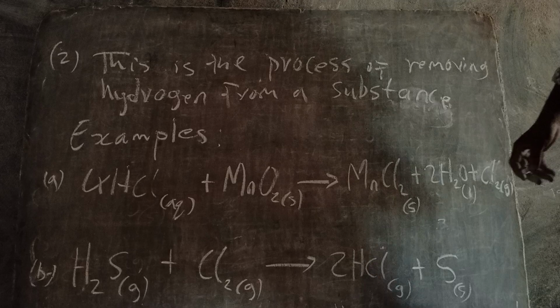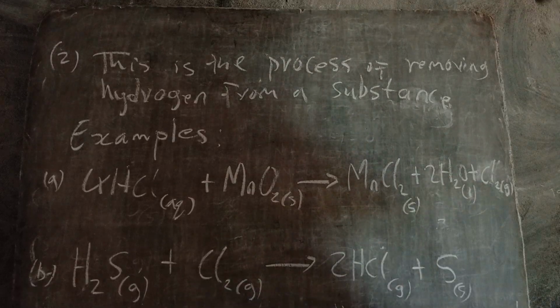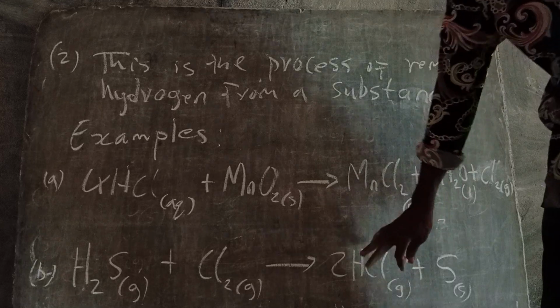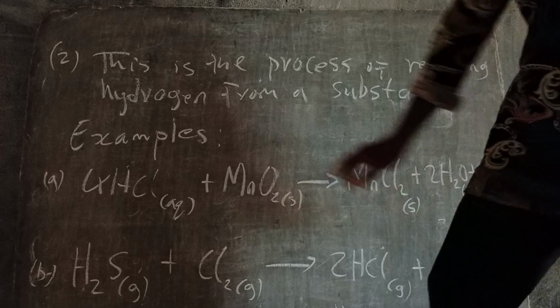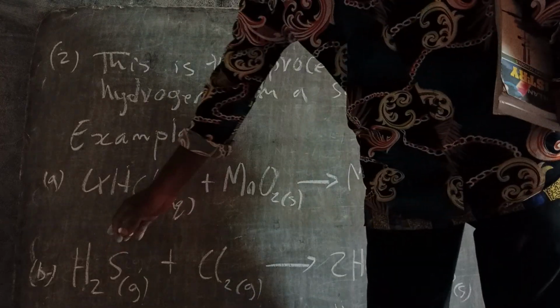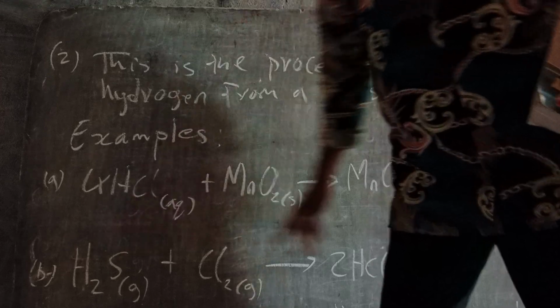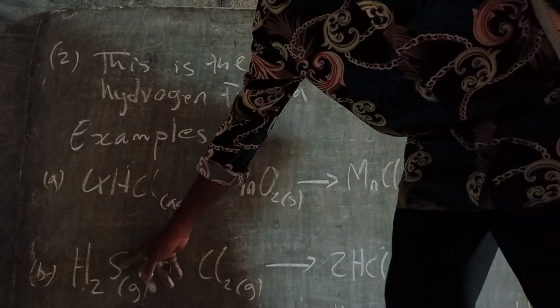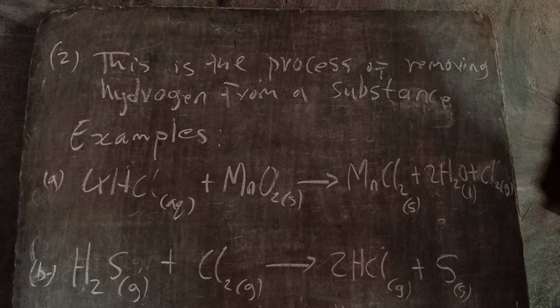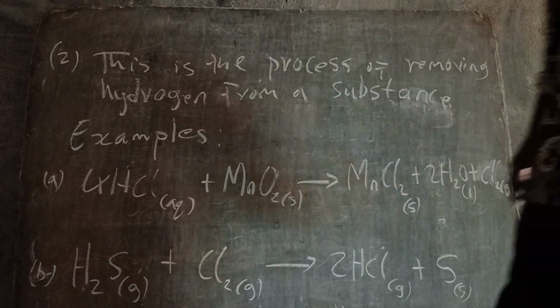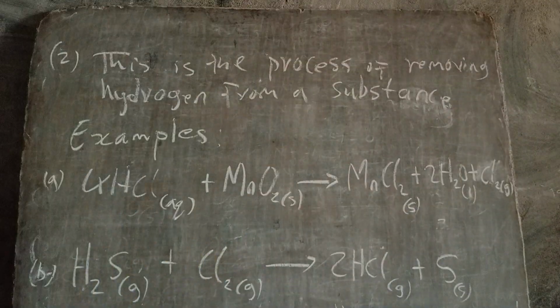So we say that it is an oxidation reaction. Just look at the reactant side and check the two elements involved. What happens to them? As far as this is not alone, and here now it is alone, hydrogen has been removed from sulfur. So this is an oxidation reaction.